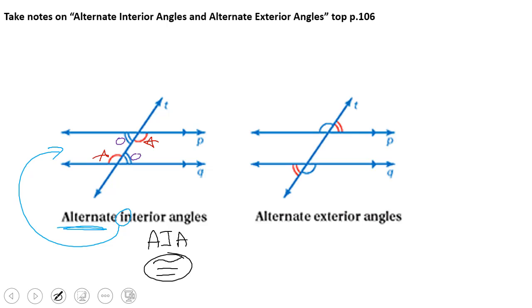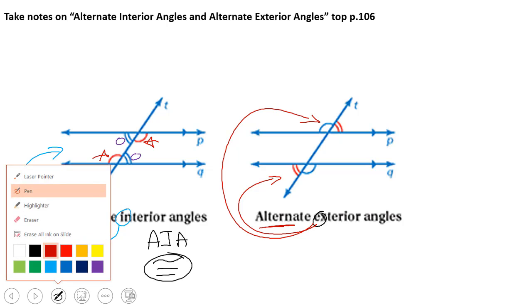The second one would be similar, very similar, except now we're talking alternate exterior. Exterior meaning on the outside of your home, on the outside of the parallel lines, and still alternate opposite sides of the transversal.